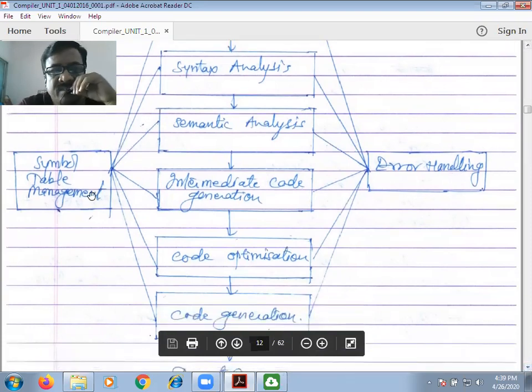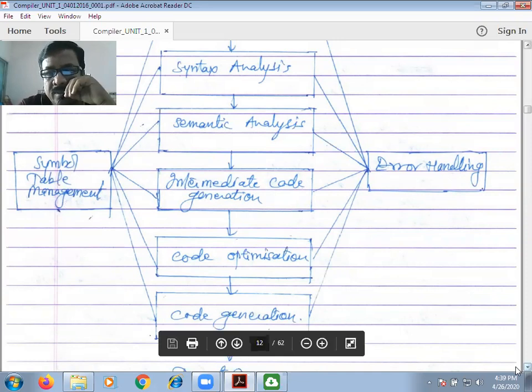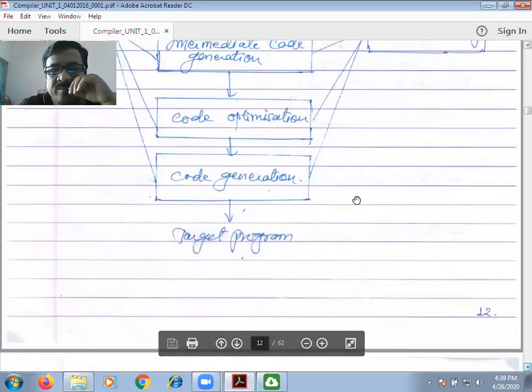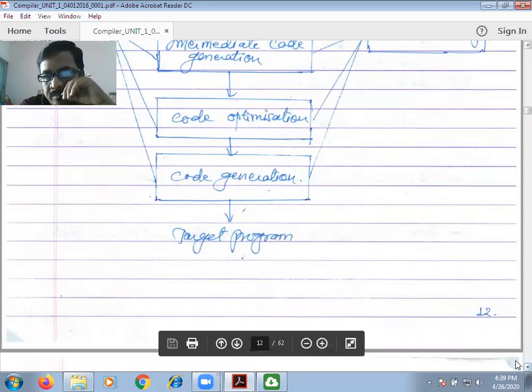We can say that during the execution of each phase, some memory is required, and the symbol table provides memory during the execution. The overall output of this block is the target program or assembly language program.